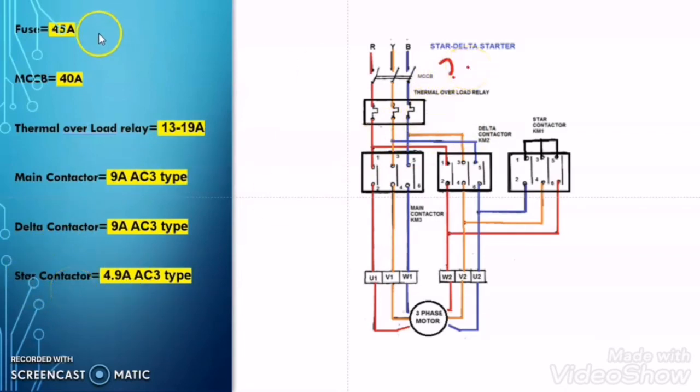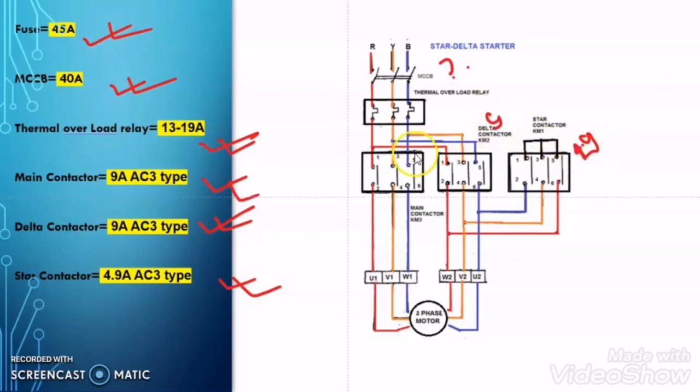So we calculated the fuse as 45 ampere, the MCCB as 40 ampere, the thermal overload relay as 13 to 19 ampere, the main contactor 9 ampere AC3 type, the delta contactor 9 ampere AC3 type and the star contactor 4.9 ampere.